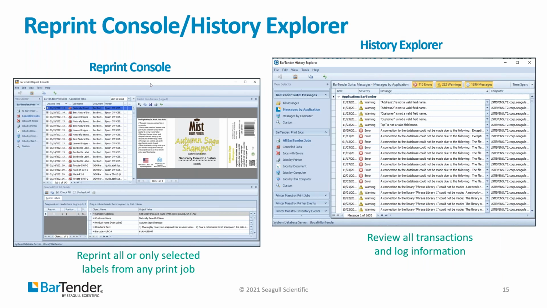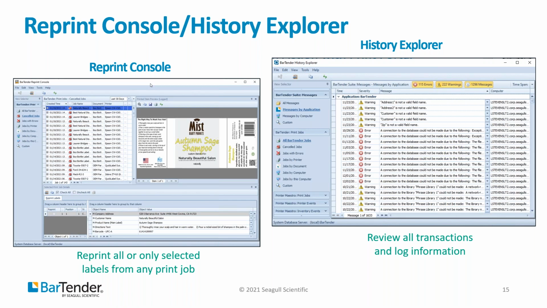And then finally, also at the enterprise level and at the automation level, we have a couple of other applications that help you with that management and tracking. We have our Reprint Console, because guess what? Labels jam, printers run out of ink, somebody trips over a cable and the print run is interrupted.